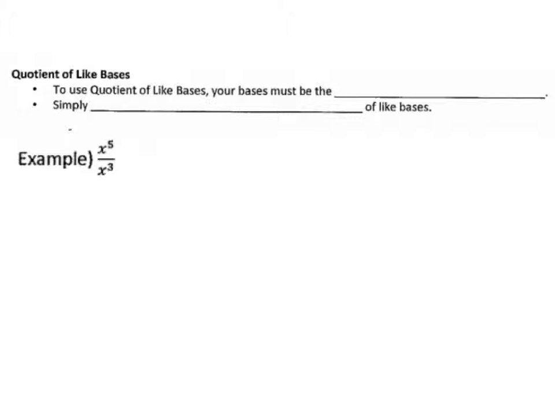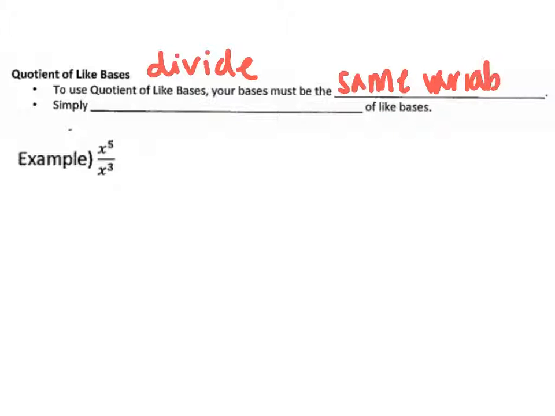Alright, quotient of like bases. Quotient means when you're dividing. So when you divide like bases, to use quotient of like bases, your bases must be the same variable or number, just like before when you multiply.